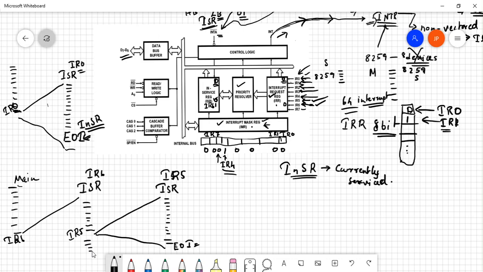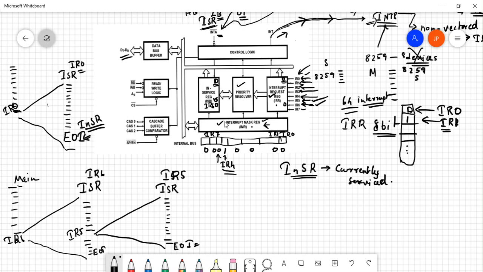Again the instructions in the interrupt service routine of IR6 get executed, and at the end of the ISR with the EOI instruction, this will also become 0, and then it comes back to the main program. So this is how the interrupts work with the 8259 chip.